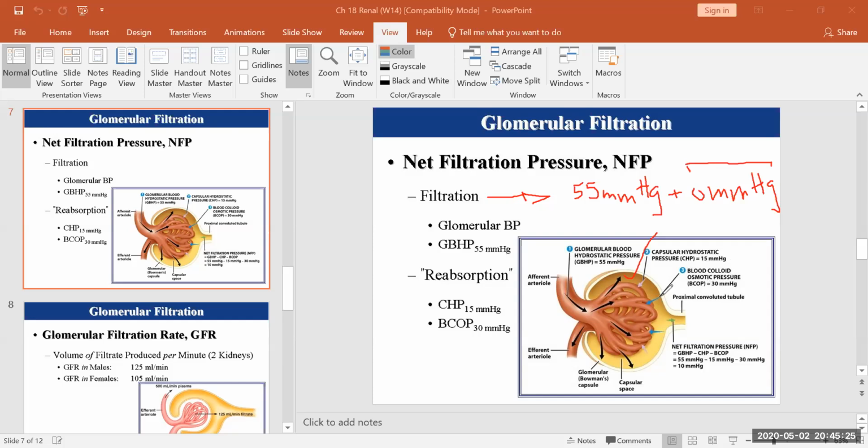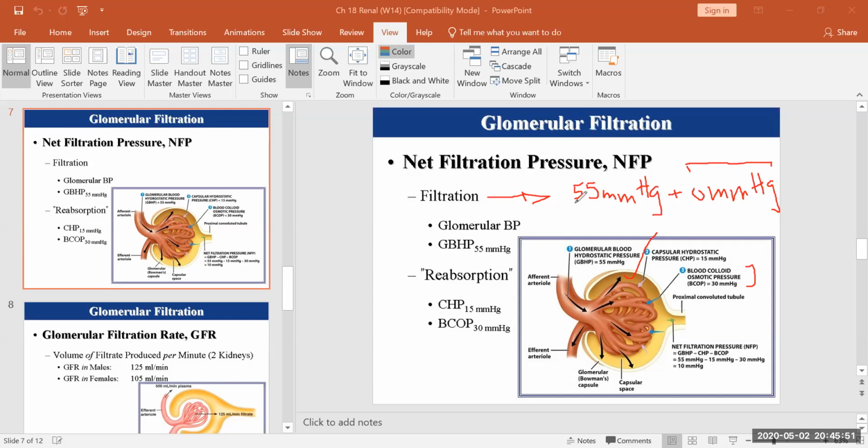This is due to the plasma proteins, the proteins inside the blood vessel, the glomerulus, attracting water back in, right? So BCOP stands for blood colloid osmotic pressure, and this is due to proteins inside the glomerulus attracting water back in at 30 millimeters of mercury.